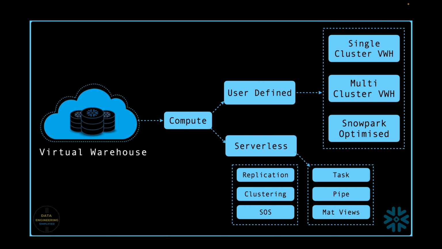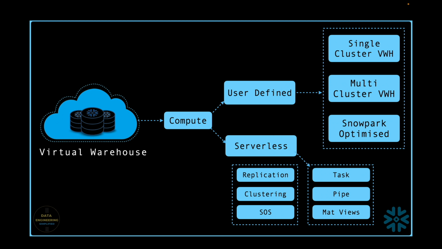Task is an exceptional object where a task can go with a serverless compute or it can go with user-defined compute. There are other services that use serverless compute like data replication across the region, auto clustering, and search optimization service, so-called SOS.